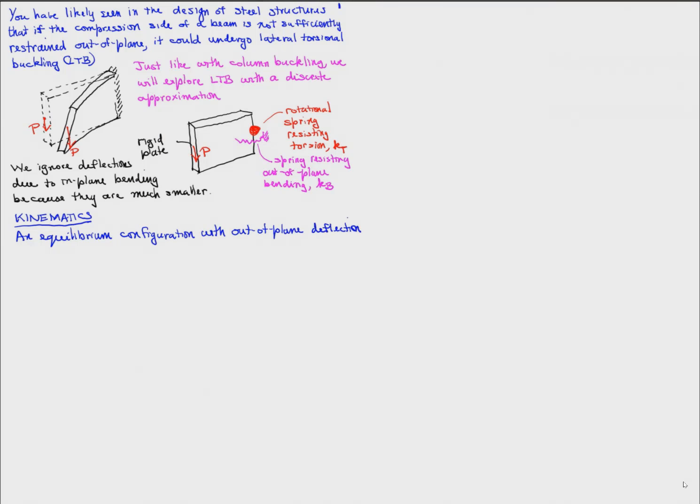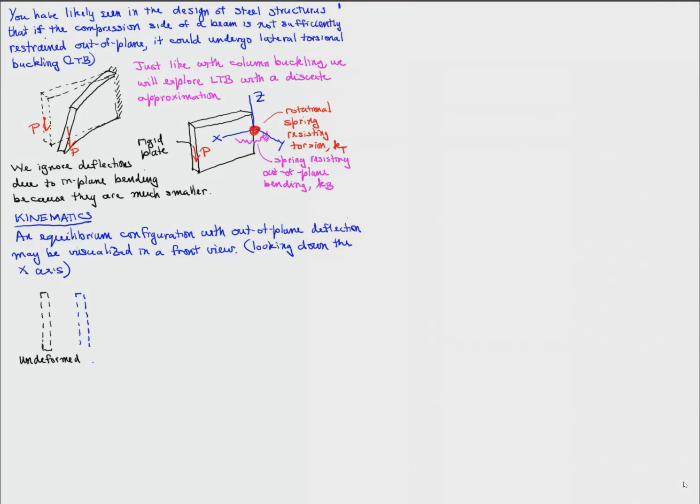Just like we looked at a non-vertical equilibrium configuration in the case of a column, here we'll look at an equilibrium configuration that has an out-of-plane deflection. So it's easiest to visualize such a deflection by looking at it down the x-axis in a front view.